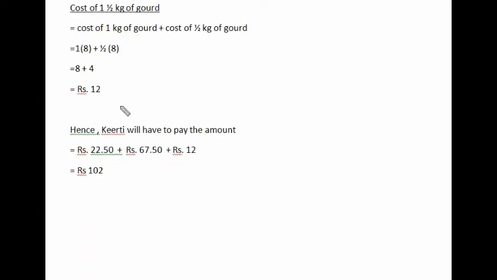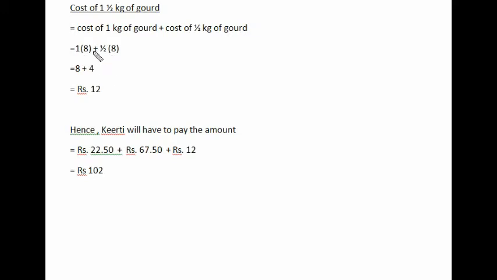Now we will find out the cost of 1.5 kg of ghee. The cost of 1 kg of ghee is given as rupees 8, that is given in the question. Here we have to add the cost of 1 kg of ghee plus the cost of half kg of ghee.